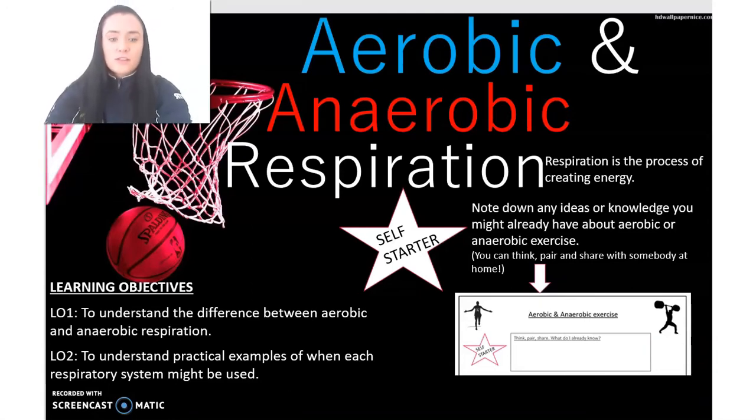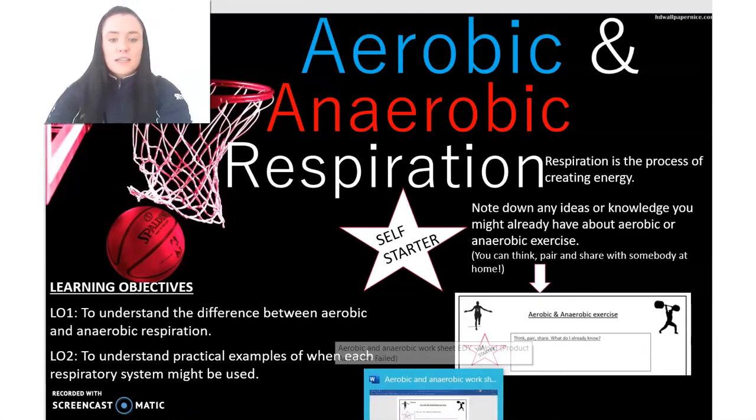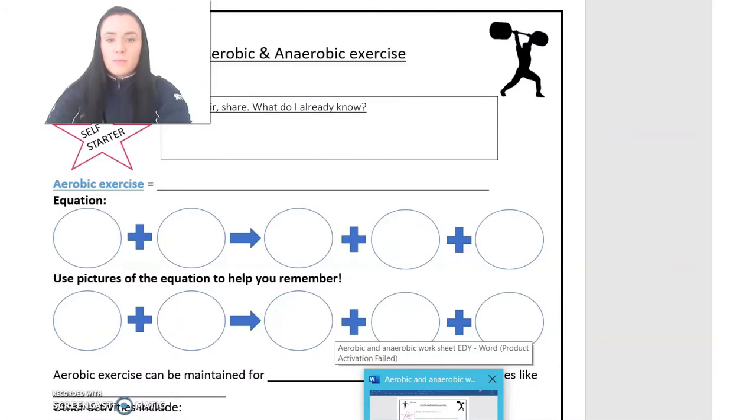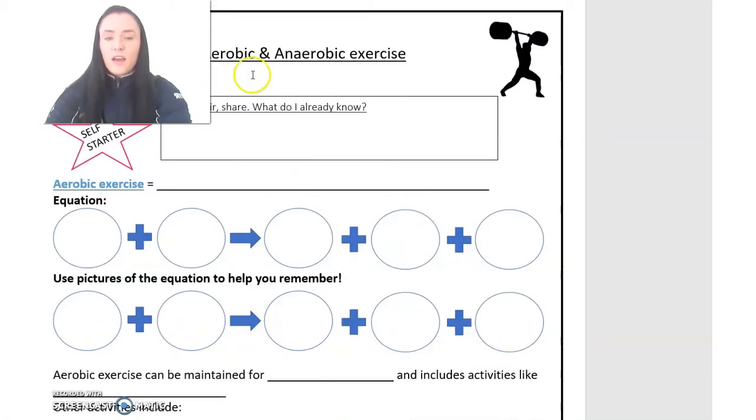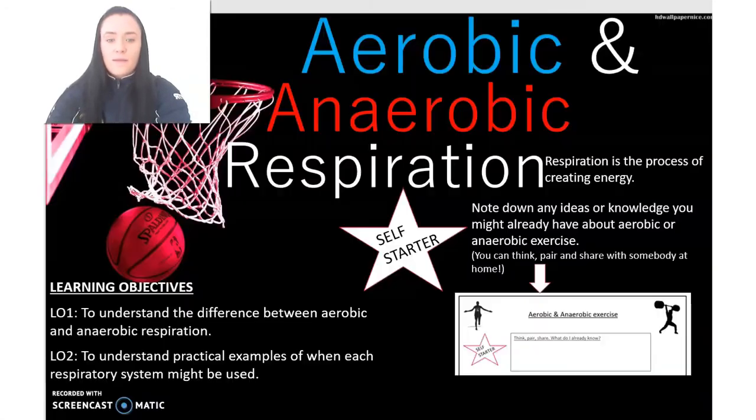So first of all, you should have all received a worksheet that looks a little bit like this. And as you can see at the top, we've got our self-starter, which is just on the PowerPoint here. So before we go any further, I would like you to note down any ideas or knowledge that you might have about aerobic or anaerobic respiration, or even just the words themselves.